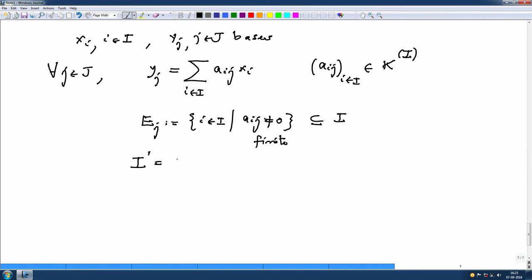I prime is the union of E_j's, where j is varying. Now, this union is indexed by J. Therefore, by observation 2 above which I listed, cardinality of I prime will be not more than cardinality of J.